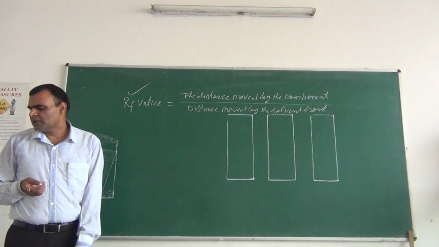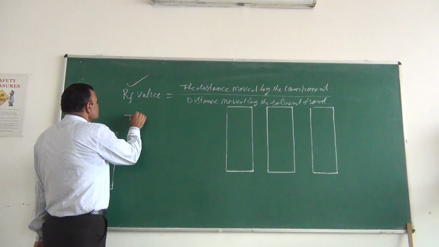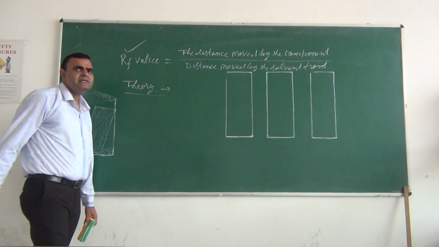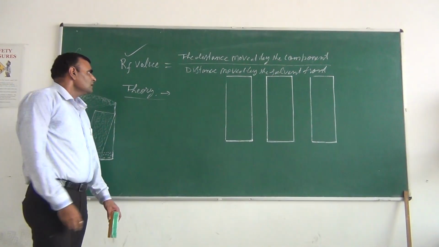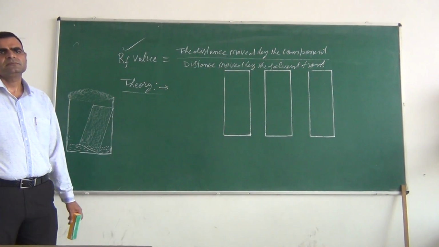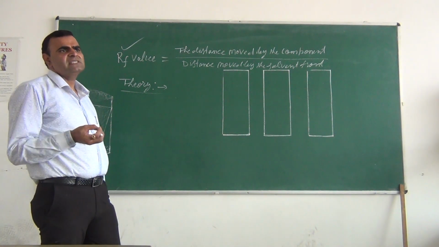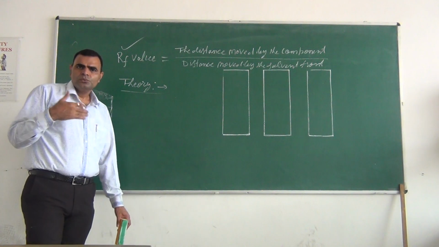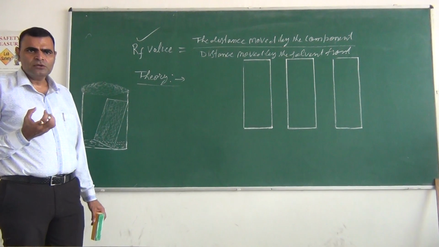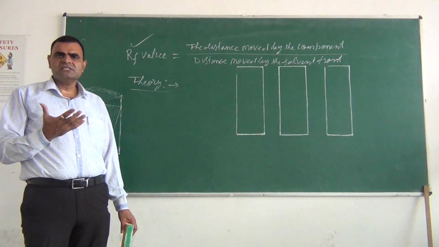Then we come to the theory. What is the theory of this TLC experiment? Thin layer chromatography is based on the principle of adsorption. You know that different compounds adsorb to different extents. Here we have a medium which is silica gel, that is called the stationary phase.